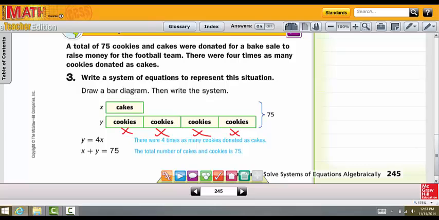Additionally, we are told that there were a total of 75 cookies and cakes. So if we take x plus y, all of the cookies plus all the cakes, that will equal 75. So we have those two equations, y equals 4x and x plus y equals 75, shown right here.